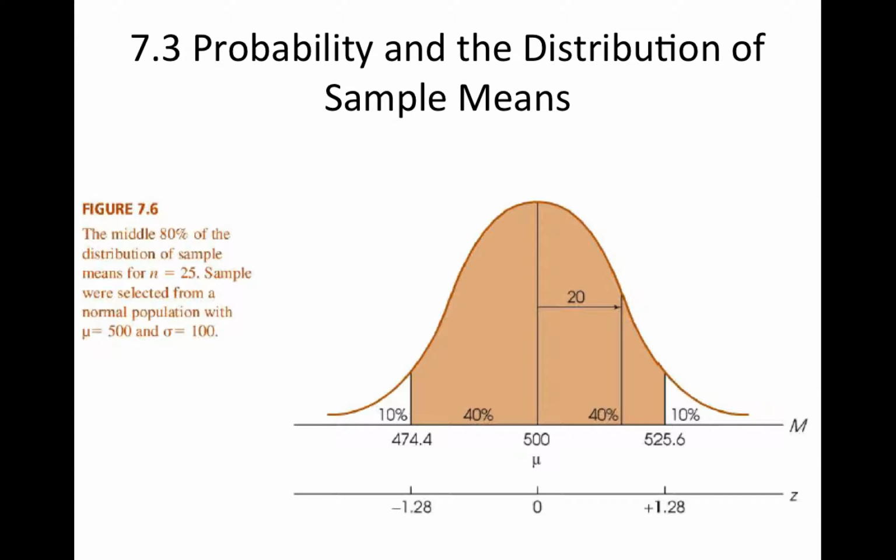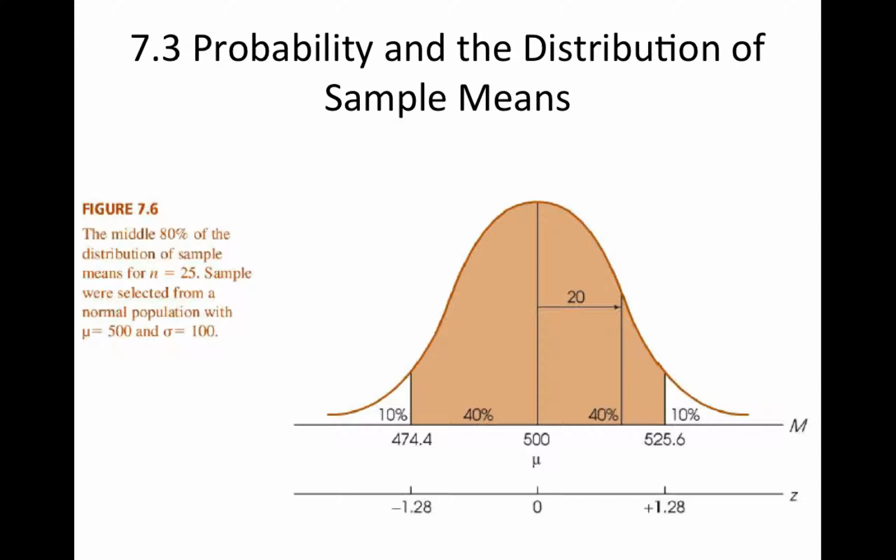Here's another graph to give you a similar idea of probability and the distribution of sample means. Now we're looking at a point that is its own number of standard deviations away from the mean. So now instead of thinking about, okay, well let's say we're going to go 2 standard deviations away from the mean and we're going to see where about 2.5% of the distribution lies to the other side of.